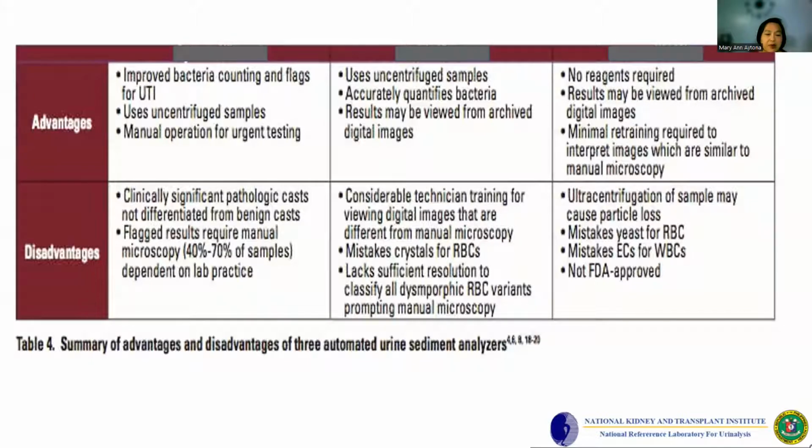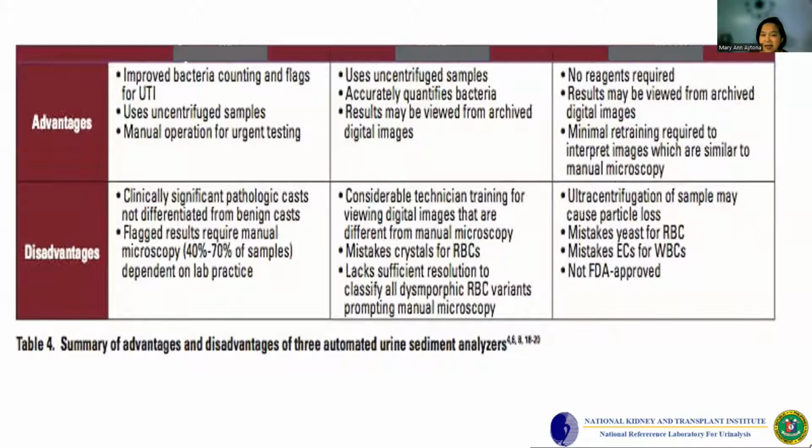Here is a summary of advantages and disadvantages of 3 automated urine sediment analyzers. The advantages of your first analyzer: it improves bacteria counting and plugs for UTI. It uses uncentrifuged samples, with manual operation for urgent testing.